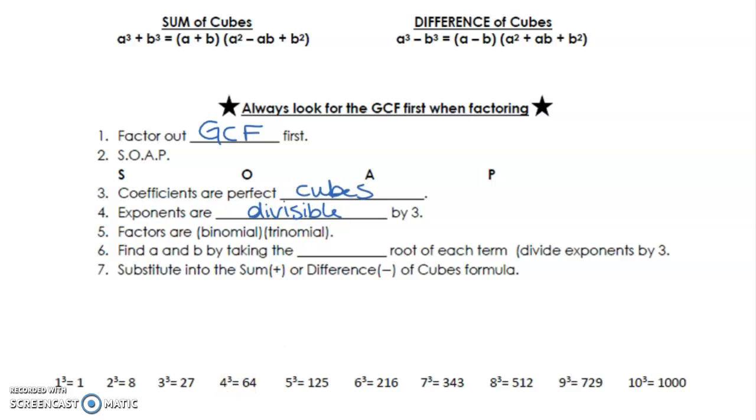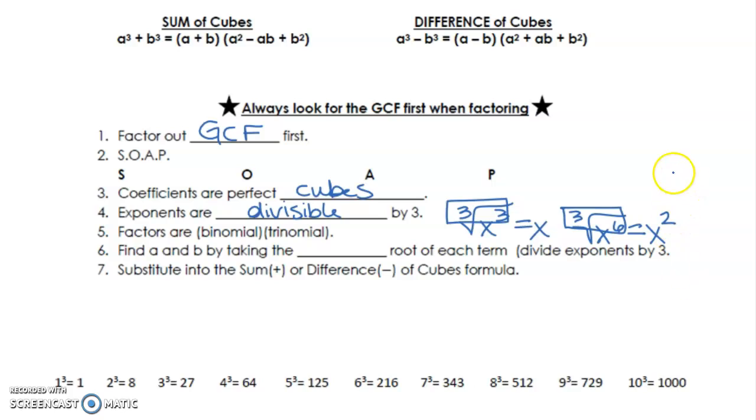The reason they need to be divisible by 3 is because when you cube root x cubed, what you're really doing is dividing the exponent by 3, which is 1, x to the power of 1. The cube root of x to the power of 6 is really x to the power of 6 divided by 3.